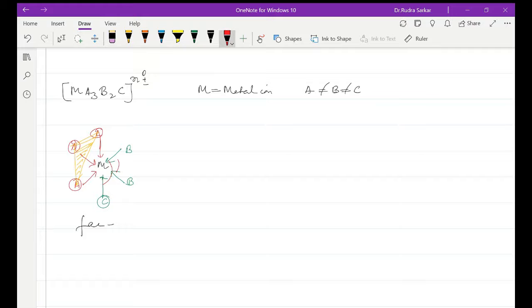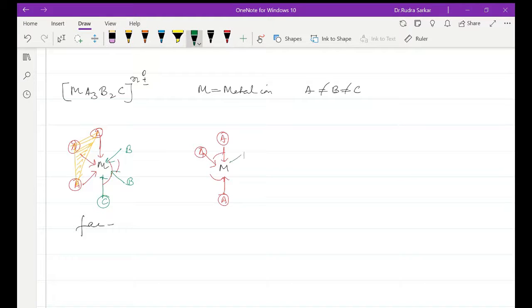What about if we keep the two A atoms at 180 to each other? So we are now placing the A atoms at 180 to each other. Let's see. So obviously one of them will be occupying 90 degree to both the atoms, whether you consider this one or you consider that one.